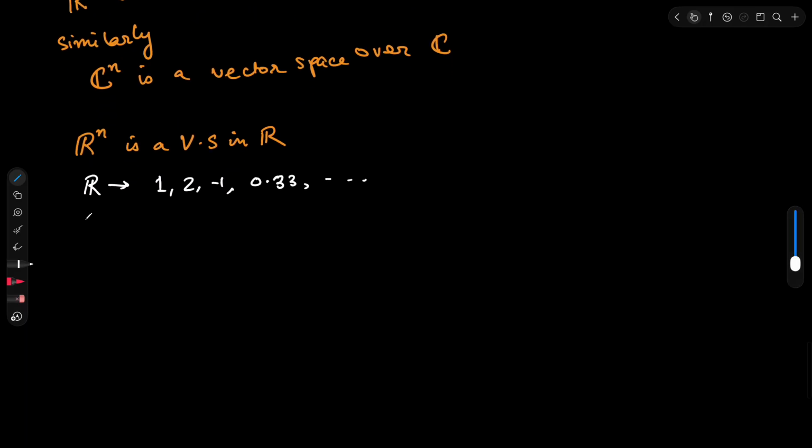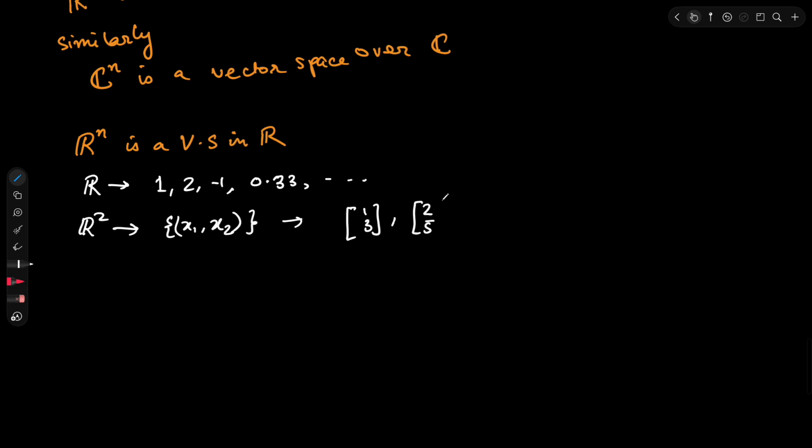When I talk about R squared, these are usually x1 and x2. So those are two dimensional values on the coordinates, like 1 comma 3 or 2 comma 5 or 3 comma 4. These all belong to R2.